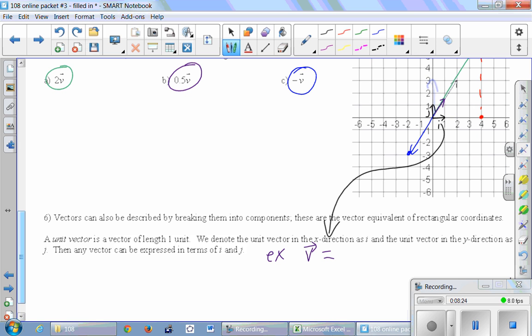So 2 to the right is just 2i, and then 3 up is 3j, and all we do is add these together, and that's our way of saying go 2 to the right and 3 up. So that vector right there, v, is 2i plus 3j.